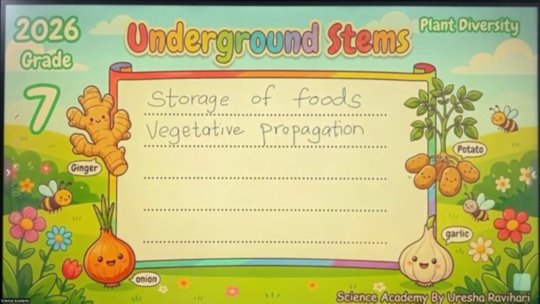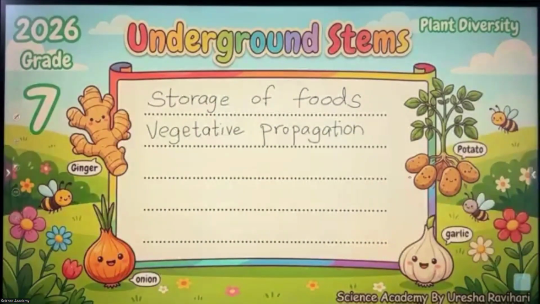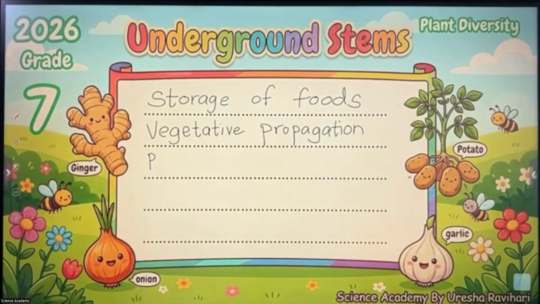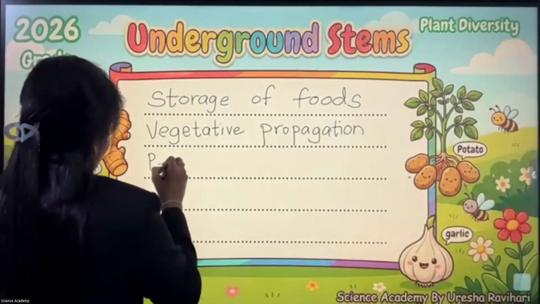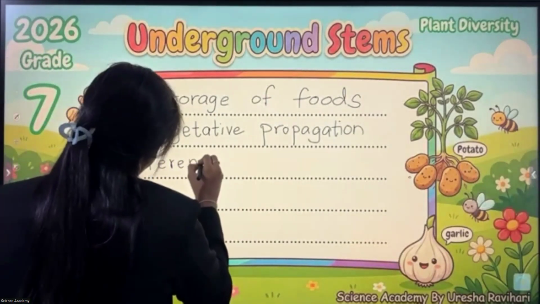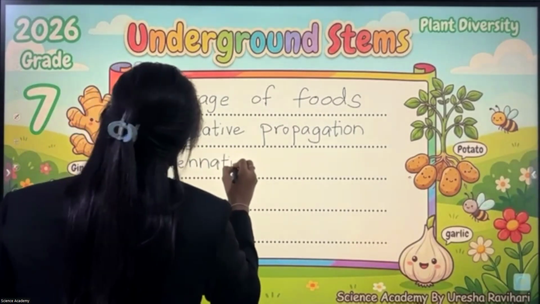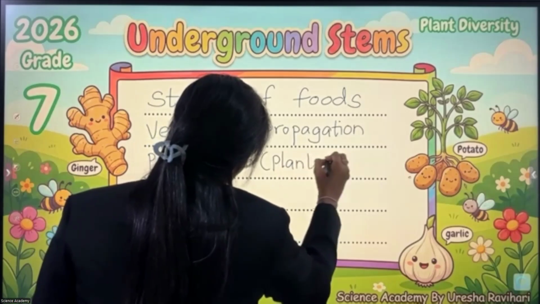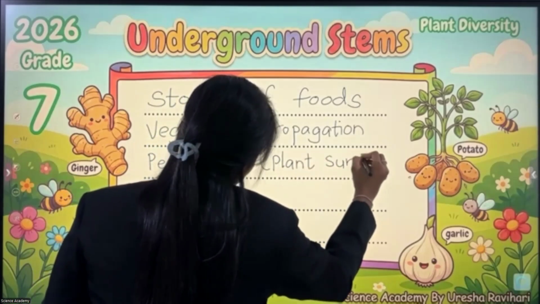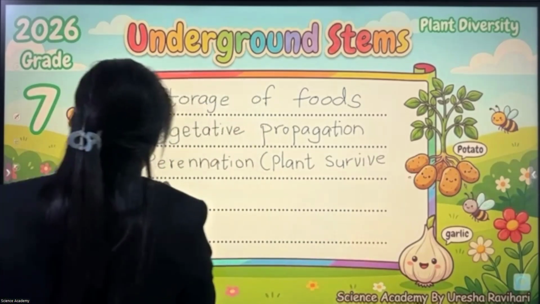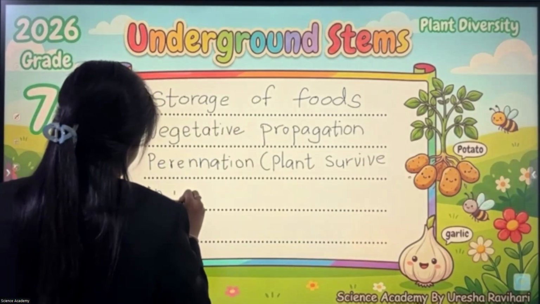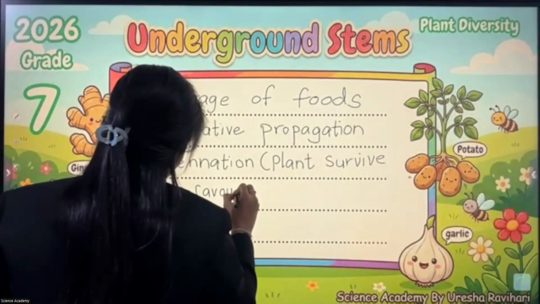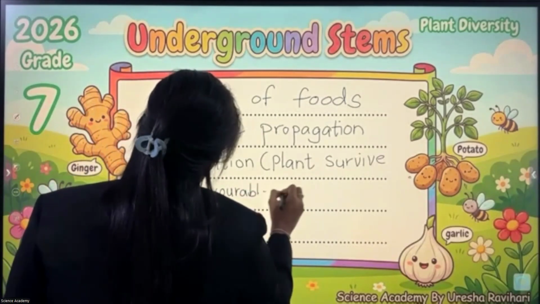Here we can write down perennation: plants survive in unfavorable conditions.